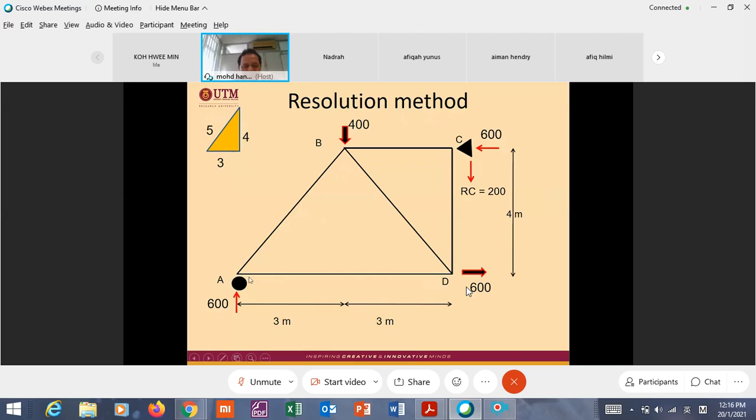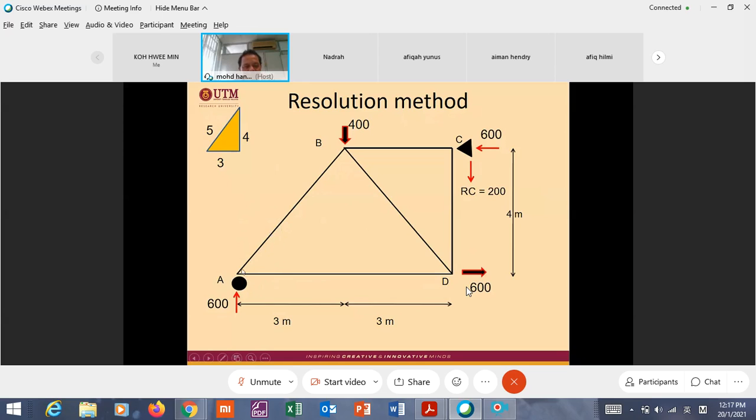If both members are slanting, means it is diagonally, you cannot start from A. This is resolution method. But for joint method, okay. But for resolution method, you must start from the joint where at least one of the members are horizontally or vertically.